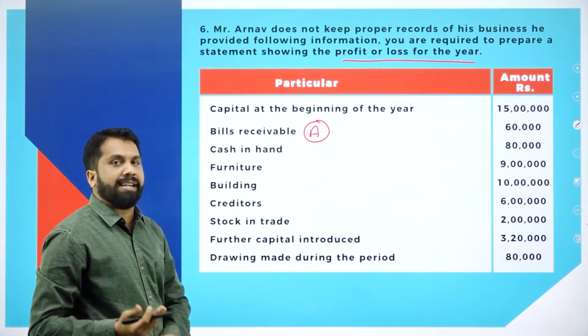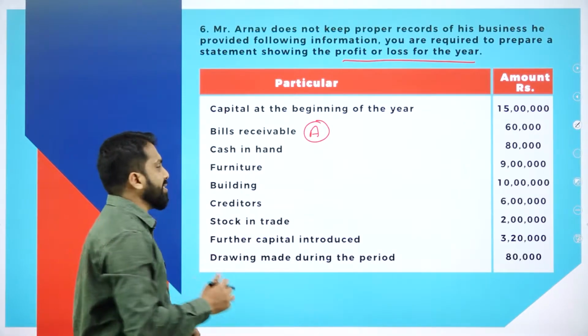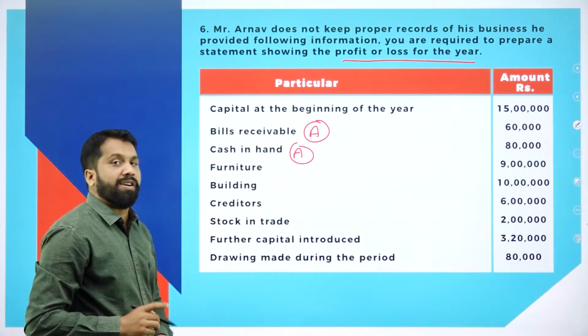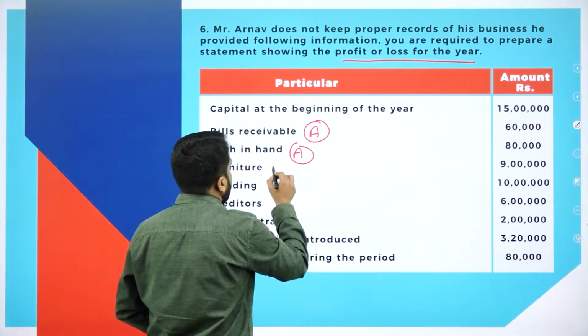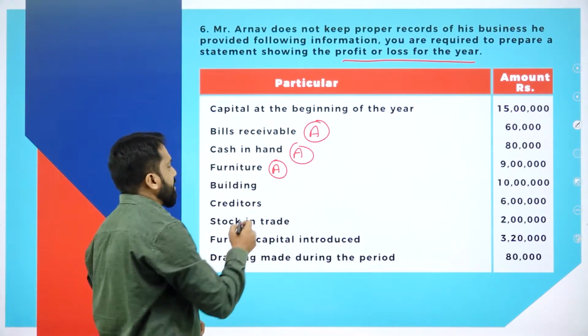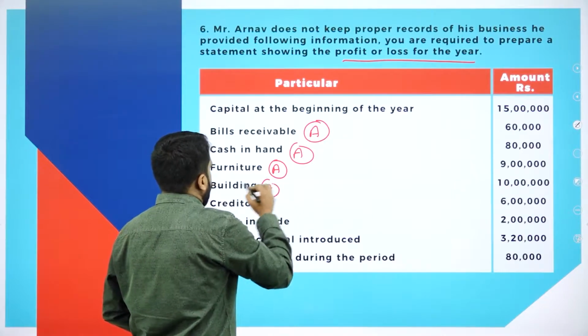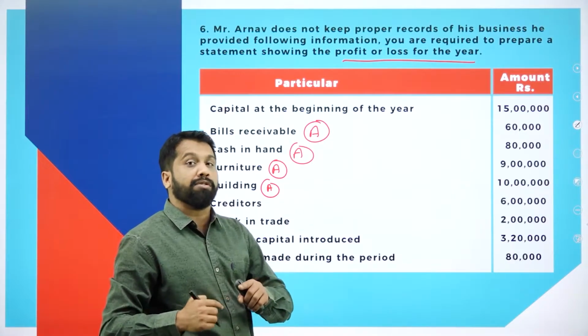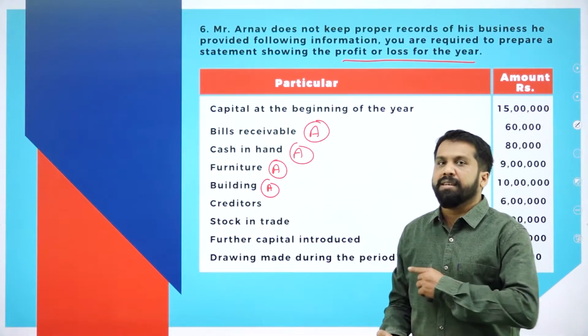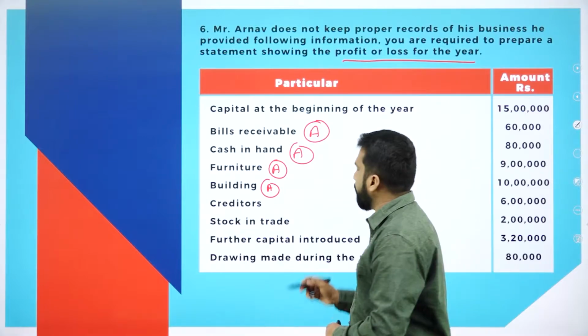Cash in hand: cash is always an asset. Furniture is always an asset. Building, again, is an asset. Creditors means you have to pay. If you are payable, or if you have to pay, it is always a liability.